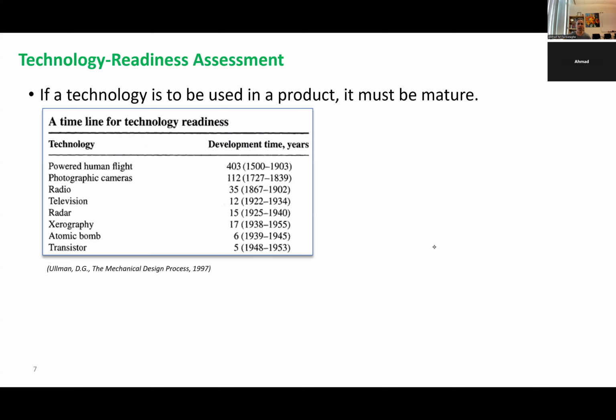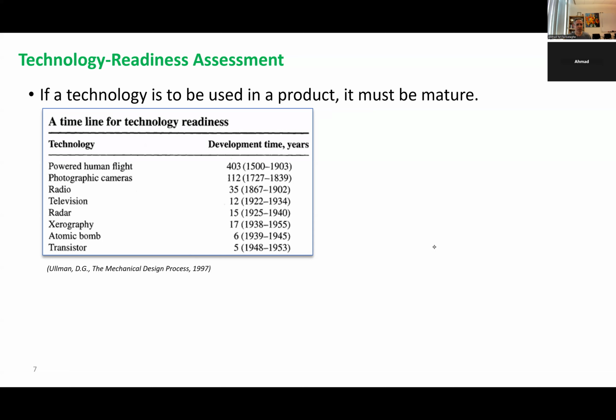Keep in mind, sometimes maybe our idea or concept is the best, but the technology is not available. Maybe we cannot manufacture it. Look at the examples in history. It takes a while for a technology to be really mature and ready. For example, it took almost 4 centuries until human flight became mature and available.